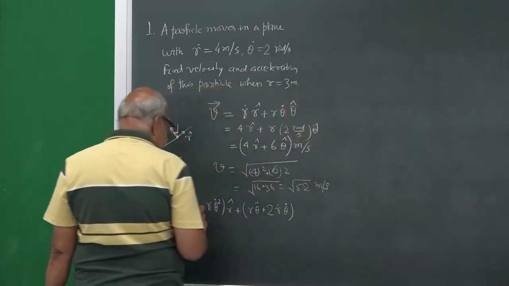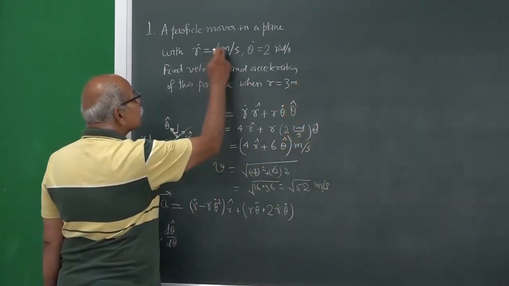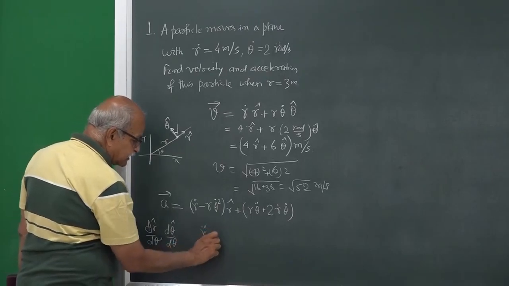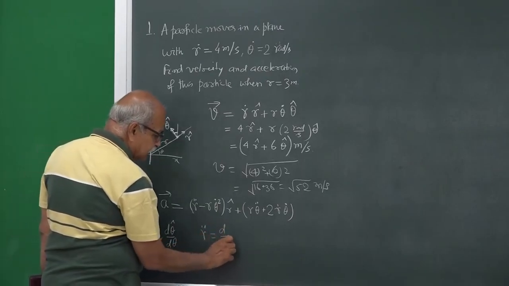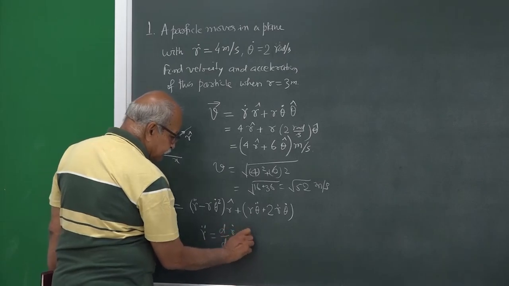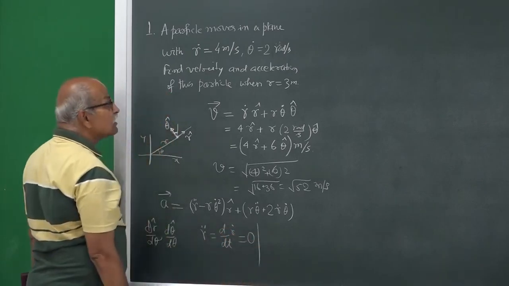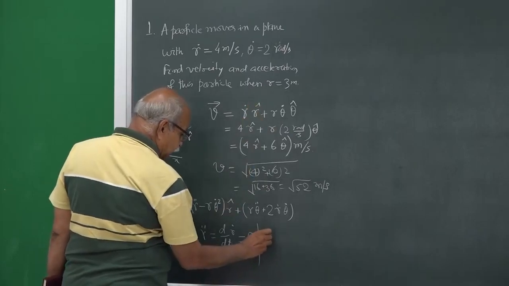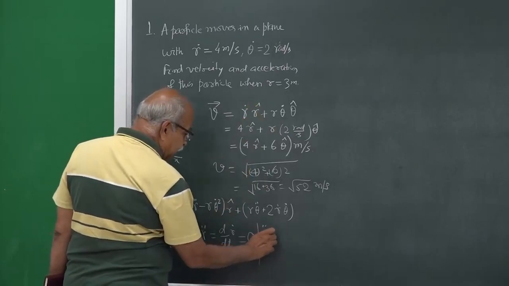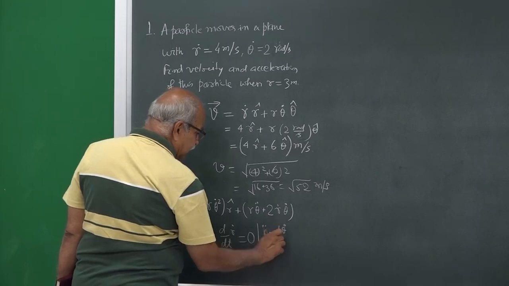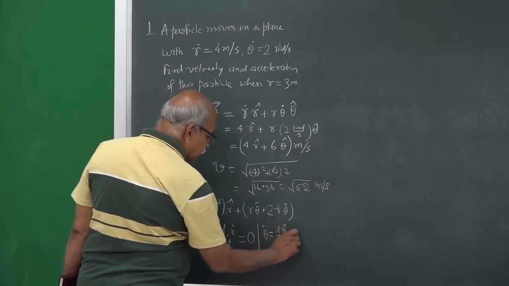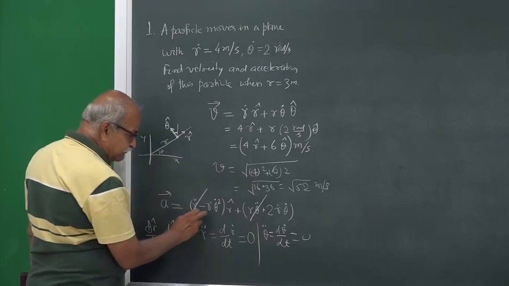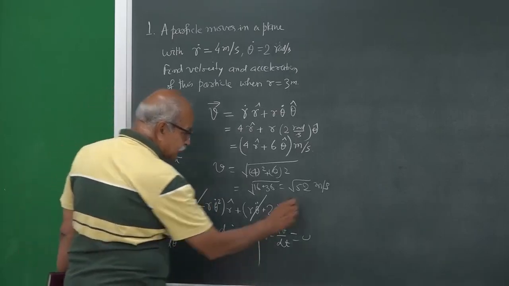If I put the values here, r dot is fixed. So, r double dot, which is d/dt of r dot, is 0. Theta dot is 2, and therefore theta double dot, which is d theta dot by dt, is also 0. So, this is 0 and this is 0. What you are left with is r theta dot square.